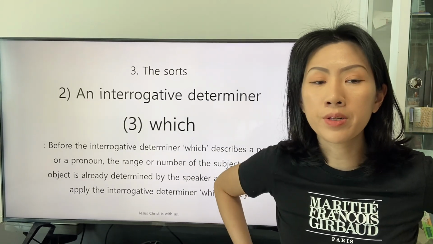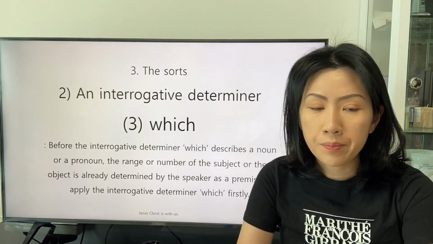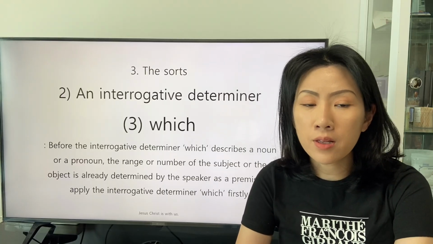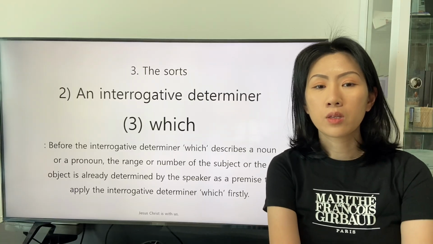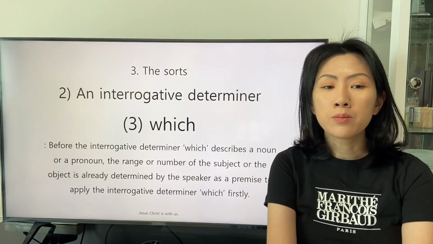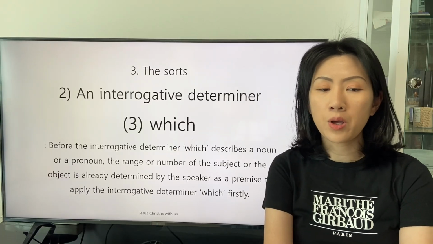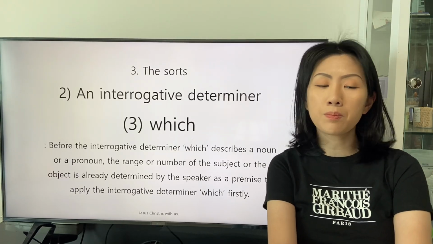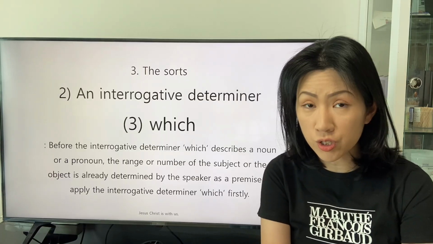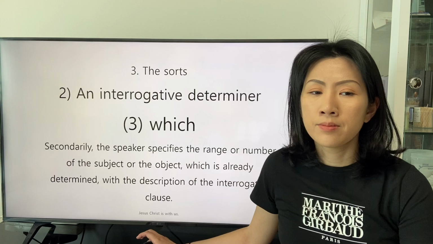Then from now on, we will study about the interrogative determiner which. The interrogative determiner which describes a noun or a pronoun. The range or number of the subject or the object is already determined by the speaker as a premise to apply the interrogative determiner which, firstly, like the season.